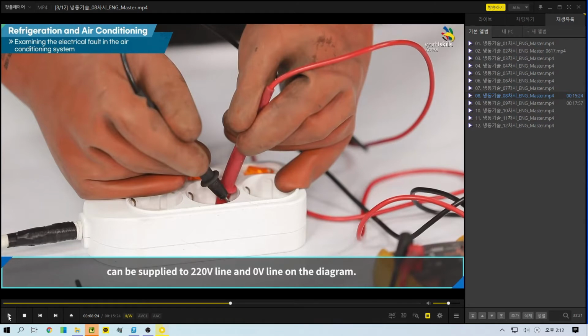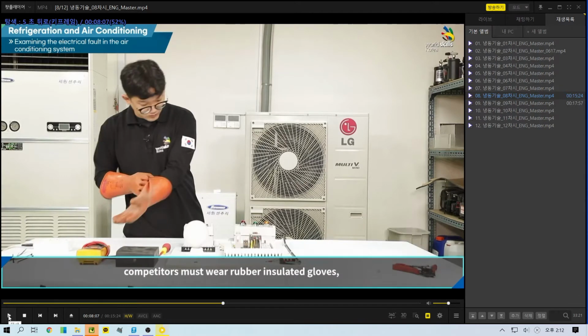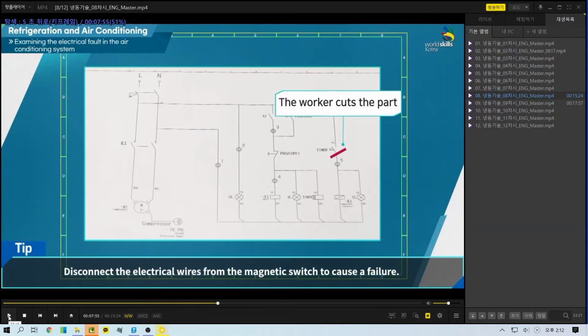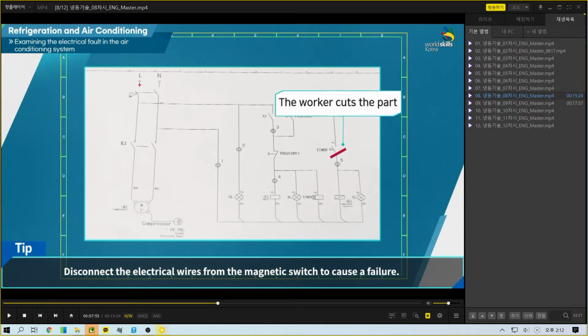Let me move the screen forward a bit. Here you can see the L line and then the N line. The N line is the neutral line, which means 0 volts. The L line is the live line, which means the live 220 volts. So on the diagram, you can see the L line and then the N line. The L line is a live line, so it means the 220 voltage part, and next to the L line you can see the N line.